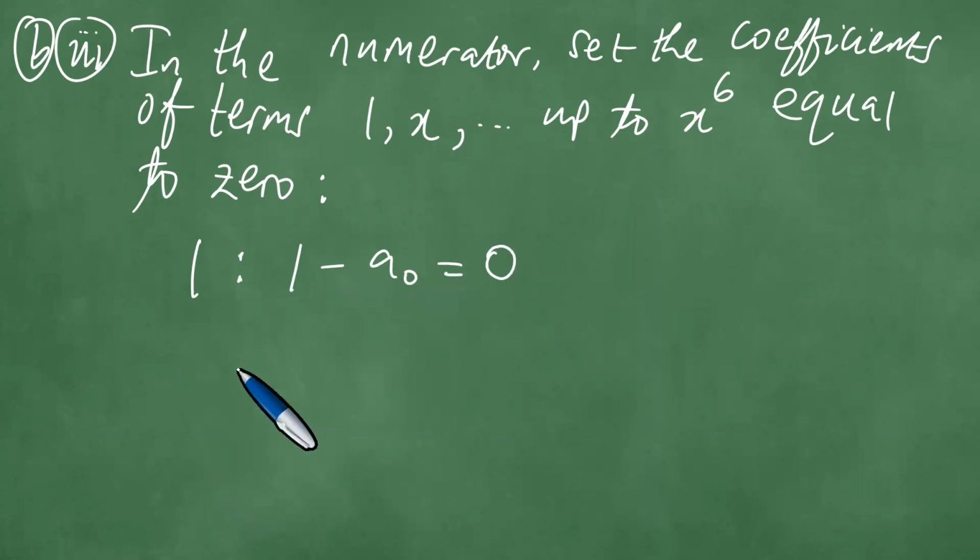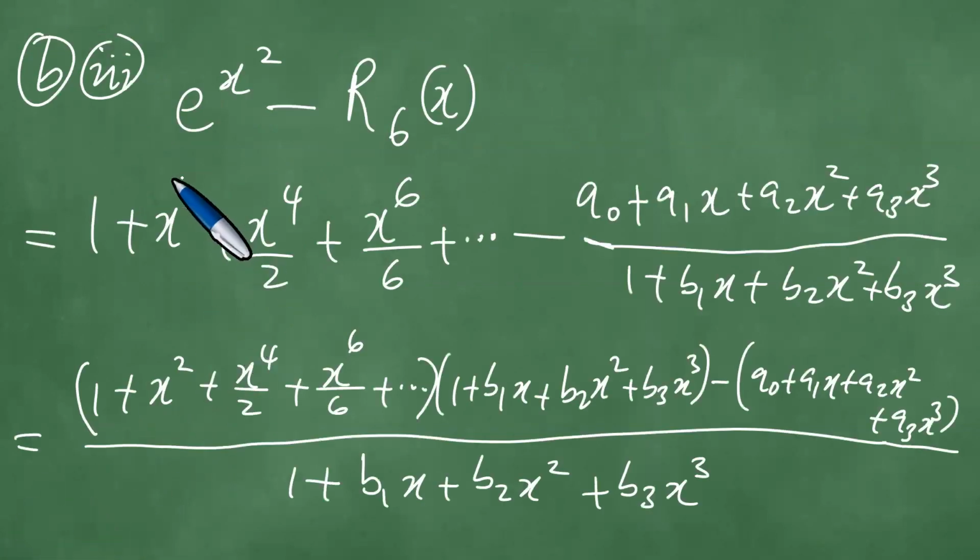You set them equal to 0. Now, this is a very good trick because we really are subtracting these such that we are trying to make sure that these are equal to each other.